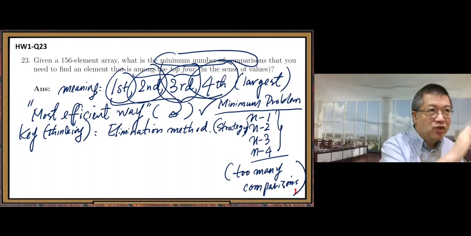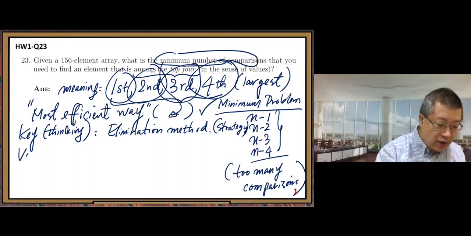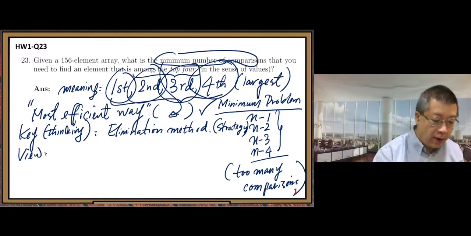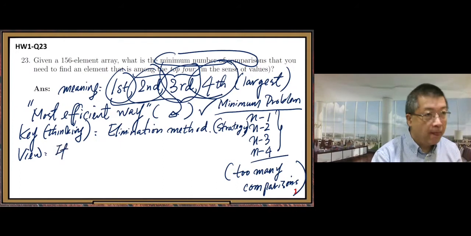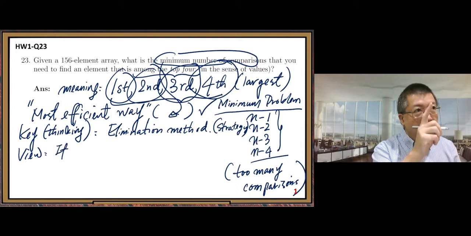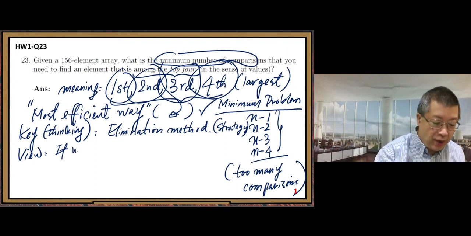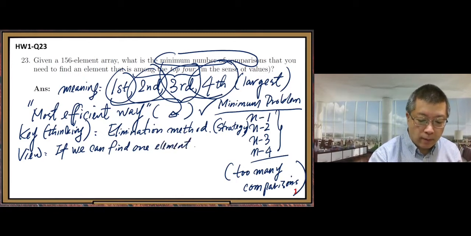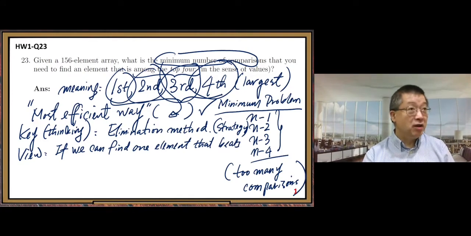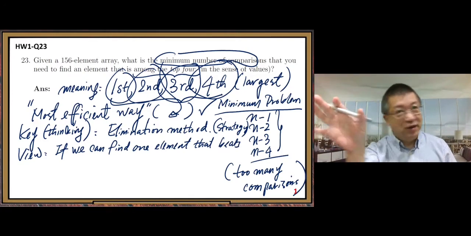Think in this way. Take this view. If we can find one element that beats, which means eliminates, right? If you beat one, you eliminate that one.